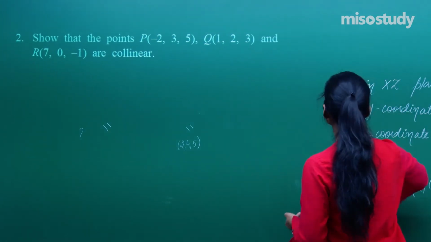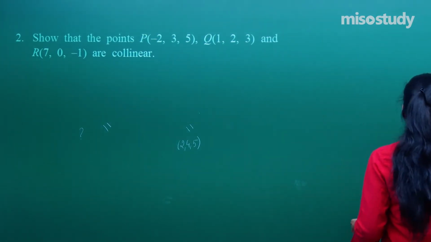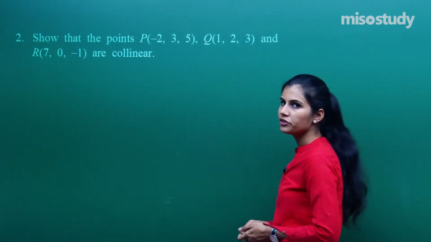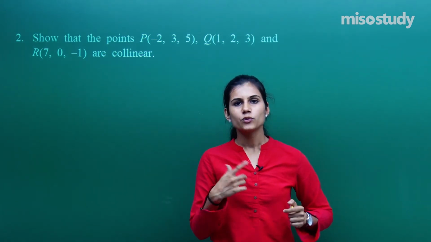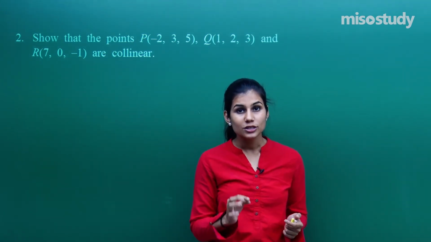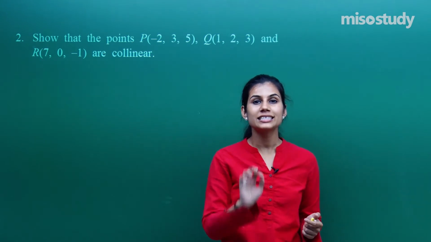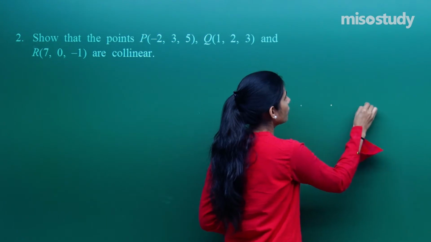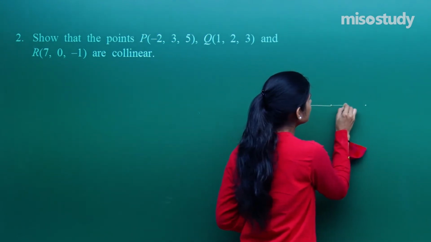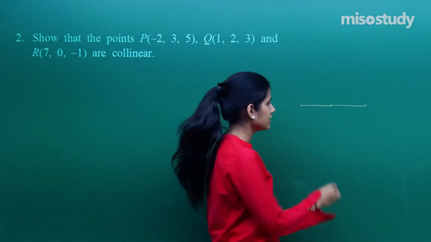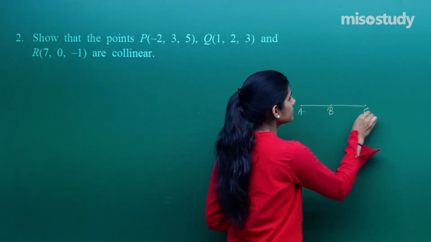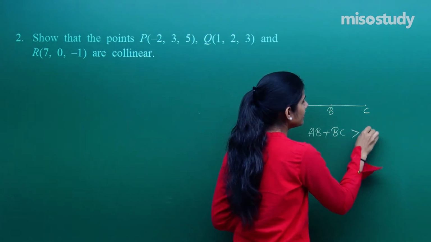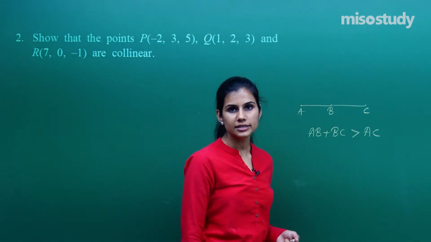Moving to the next question, we have to show that these 3 points are collinear. Now, what is the meaning of 3 points being collinear? If 3 points are vertices of a triangle, then the sum of 2 sides is greater than the third side. Suppose this is A, this is B, this is C. If I get AB plus BC greater than AC, that means ABC are vertices of a triangle.